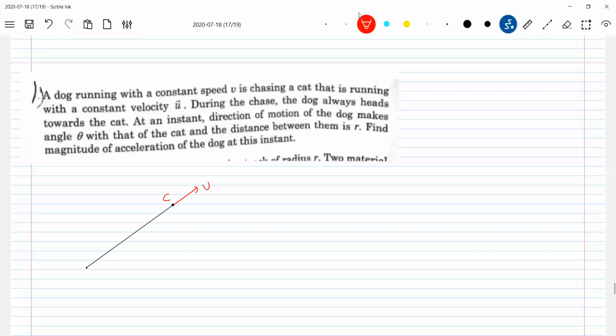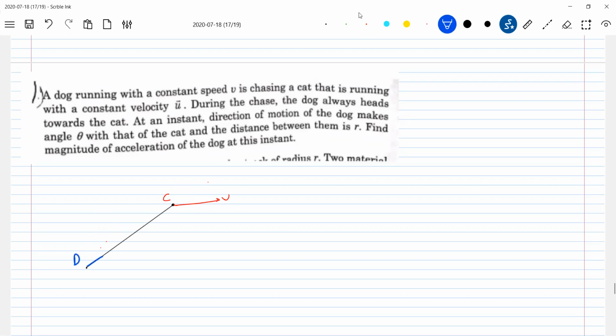Shall I put it like this? The direction of motion of the dog makes an angle theta with that of the cat. So here in the diagram, I'll make a little correction. Actually the cat will have velocity u, and this is the velocity of the dog.